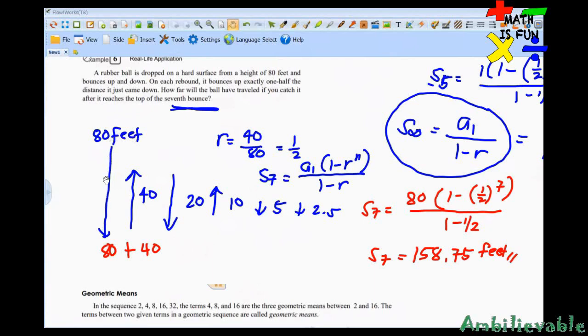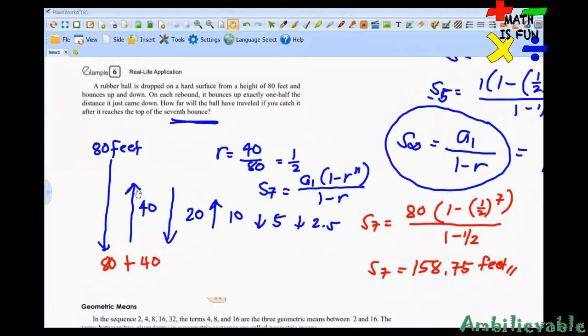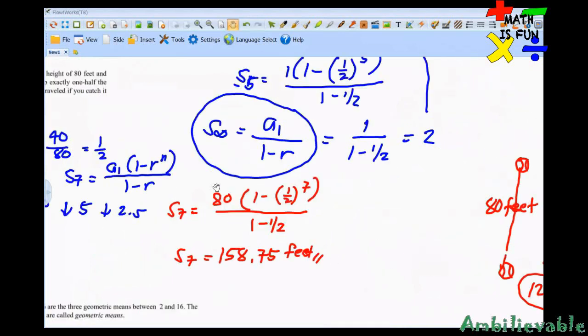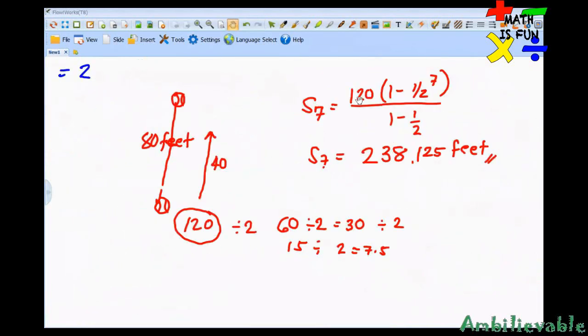So this is 80 feet plus 40, that's why it became 120. And then divide by 2, that's why it became 60. And so on. Divide by 2, divide by 2.